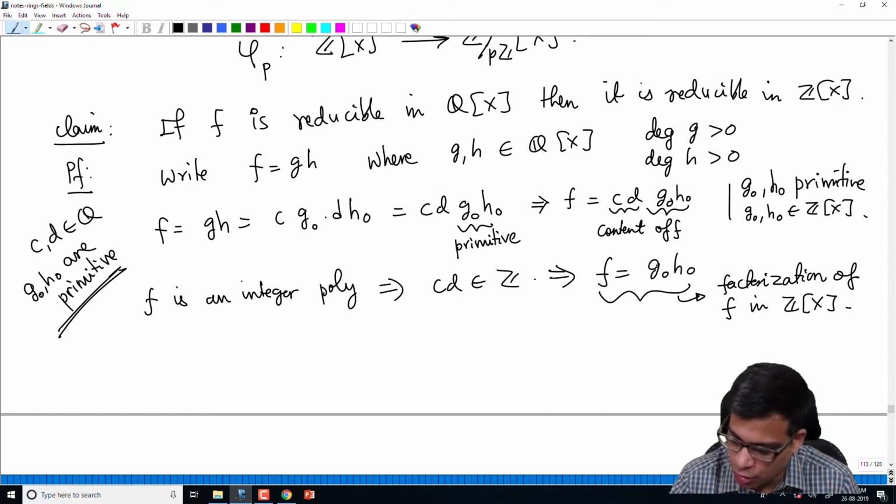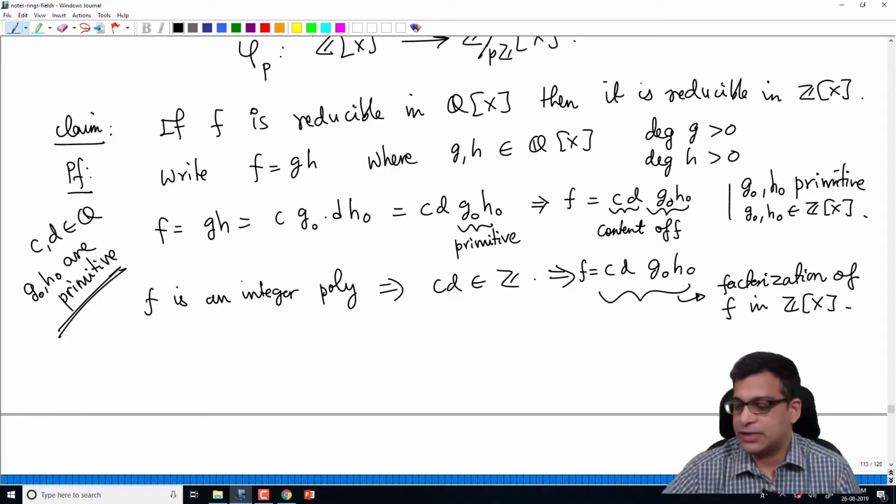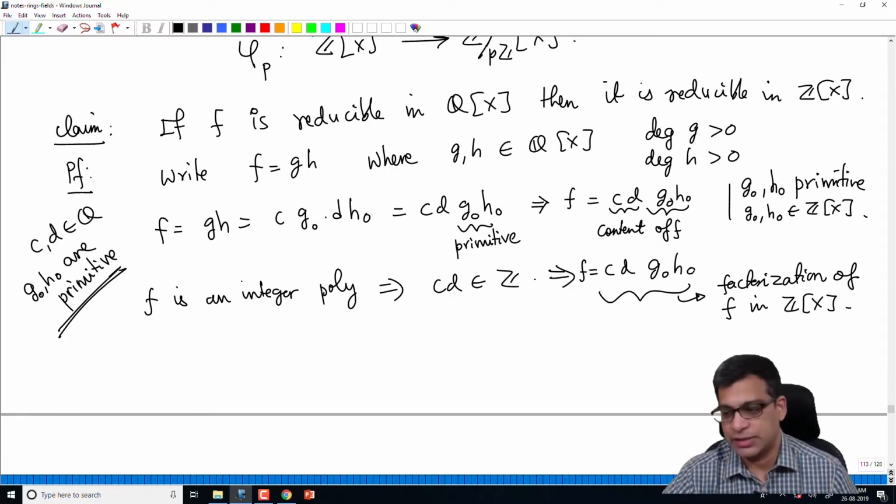So this is actually not F equal to G0 H0. I should not say that. It is CD G0 H0. So it is a factorization into a product of smaller degree polynomials. Hence, F is not irreducible in Z[x]. That means F is reducible in Z[x].